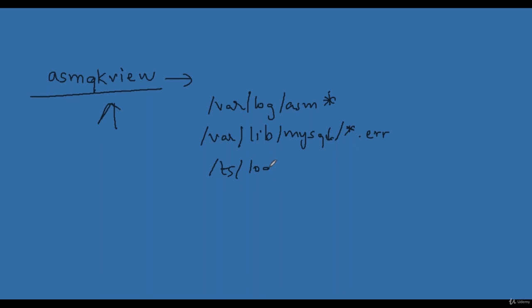So the ASM related configuration files or log files which will be collected by this ASM QKView script would be anything in var log asm, anything related to var lib mysql, any database errors, or anything in the ts log, or the config file which is under the ts directory.